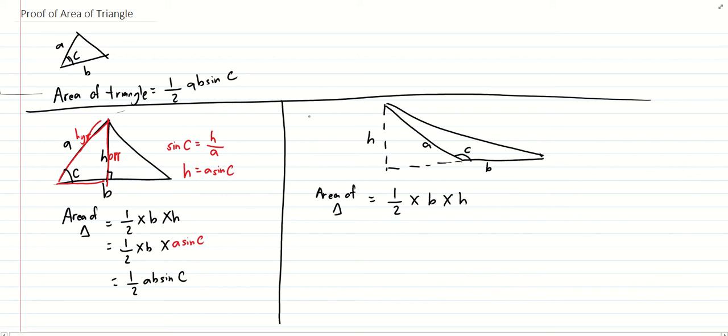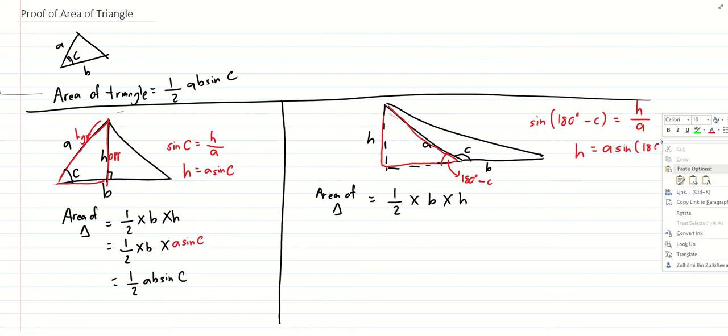You realize that over here we will have 180 degrees minus C. Okay, so based on this right angle triangle over here, we know that sine of 180 degrees minus C equals h over A. And similarly, we can make h the subject. You have h equals A multiplied by sine of 180 degrees minus C.